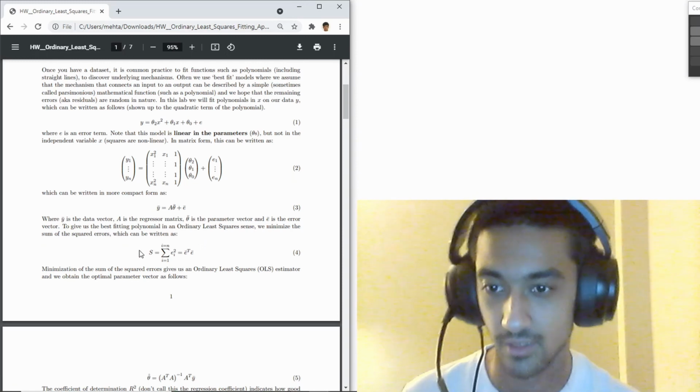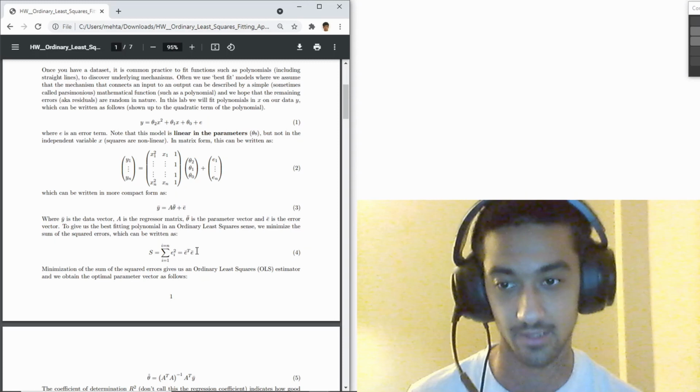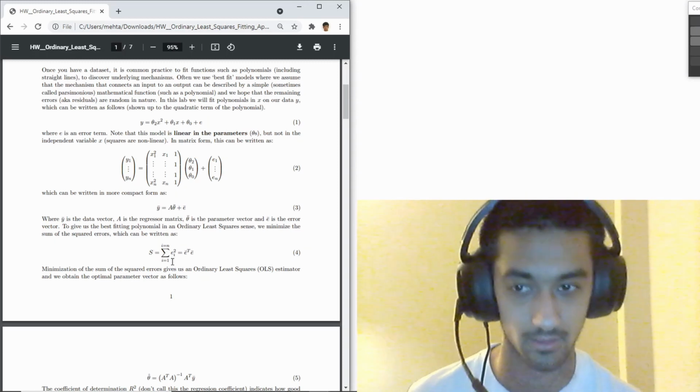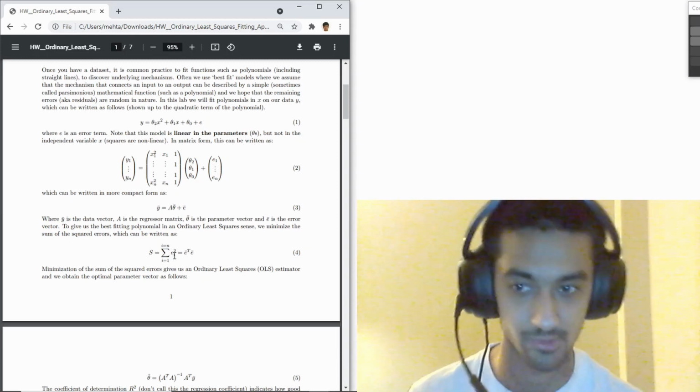So here we have the equation for the sum of the squared errors, and that's what we're going to try to minimize. The sum of the squared errors is the summation from 1 till the number of data points of the error residual squared.